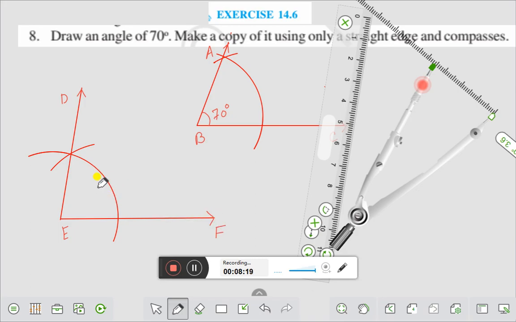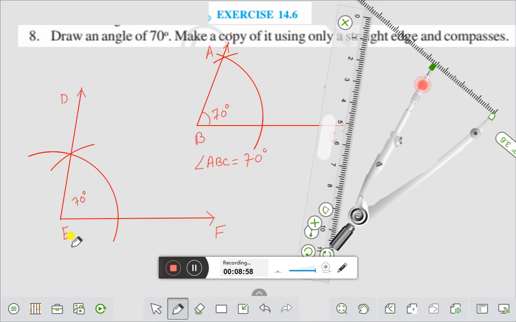Right? And this is exactly 70 degree. The name of this angle is angle ABC. Angle ABC is equal to 70 degree.